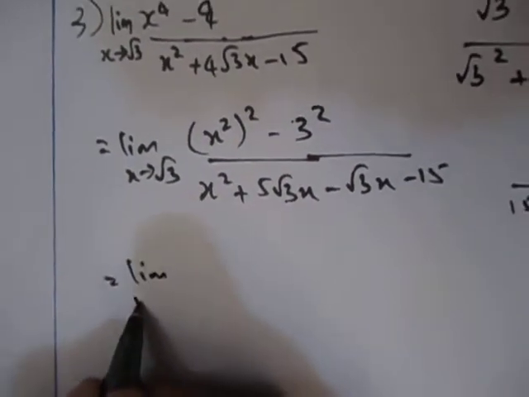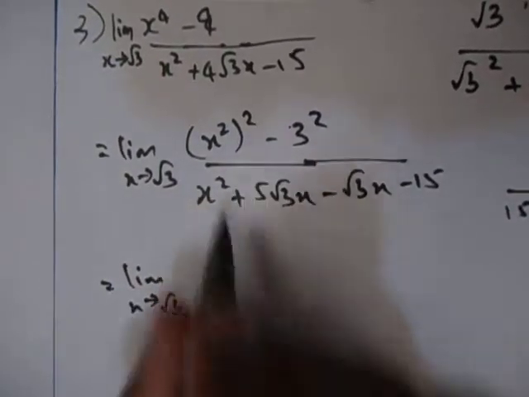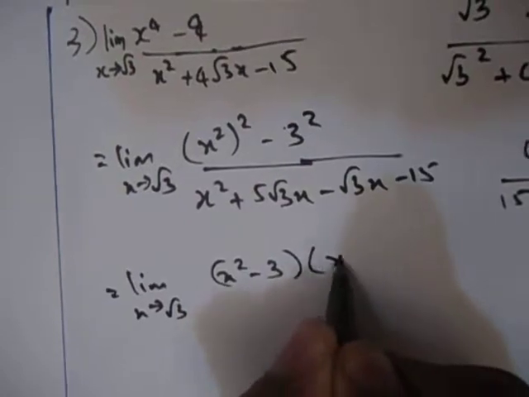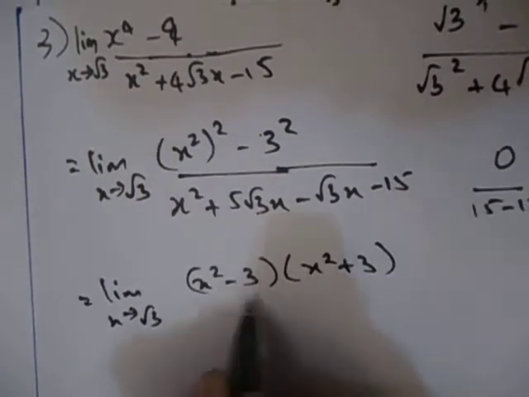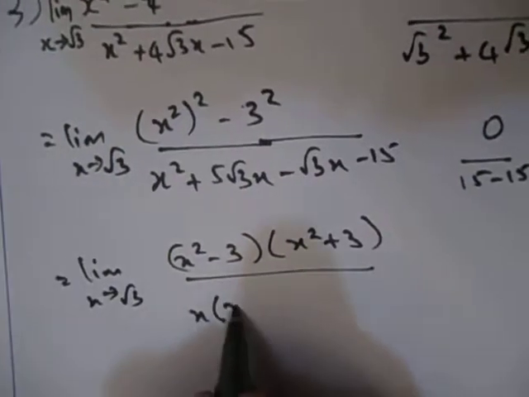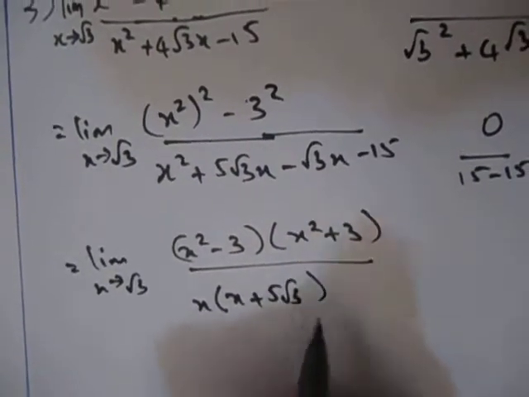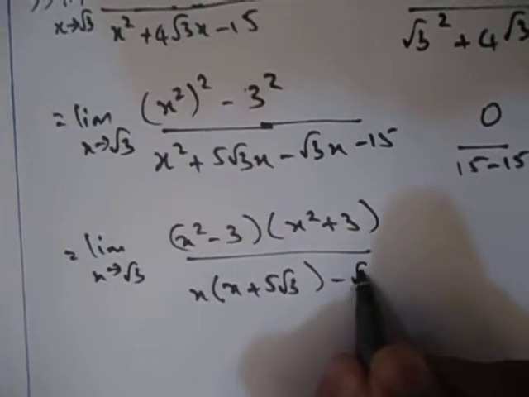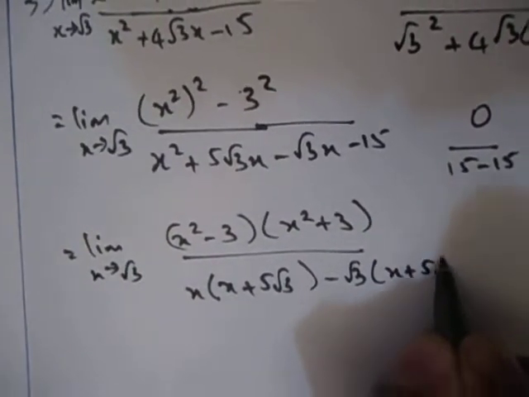So limit x tends to root 3. This will give us x squared minus 3 into x squared plus 3 by, let's take x into x plus 5 root 3 minus root 3 into x plus 5 root 3.